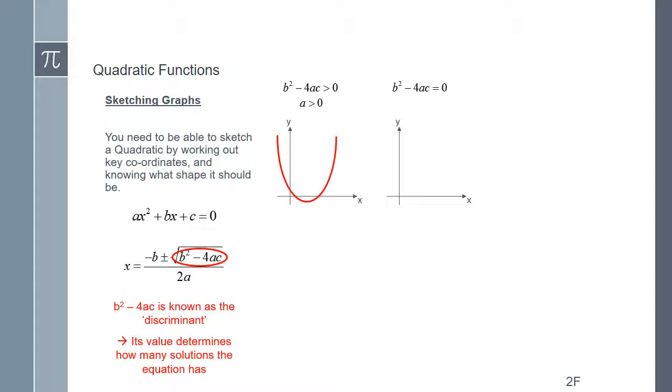If b squared minus 4ac is equal to 0 and a is bigger than 0, then we have a U-shaped quadratic that touches the x-axis just once. And if b squared minus 4ac is less than 0 and a is bigger than 0, then we have a U-shaped quadratic that does not cross nor touch the x-axis at all.